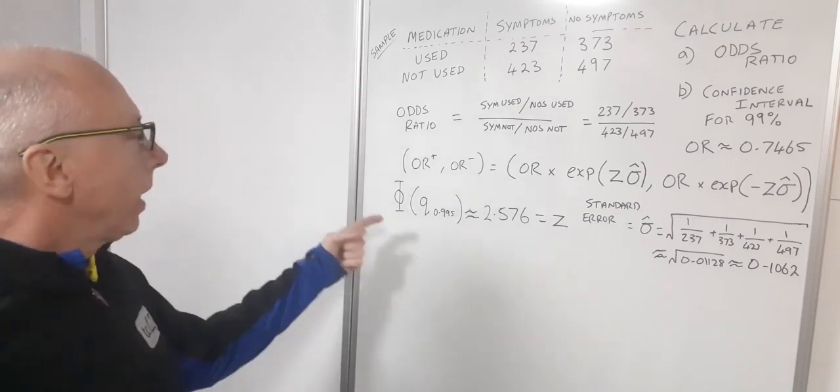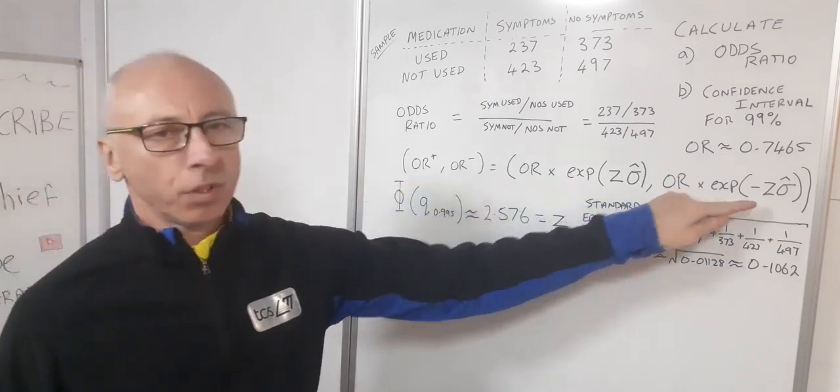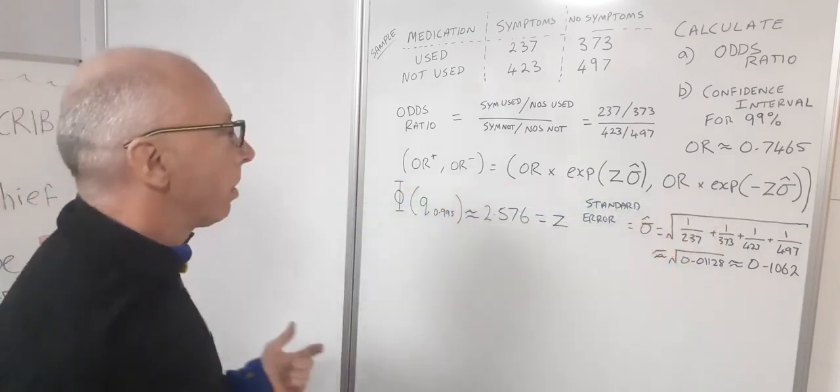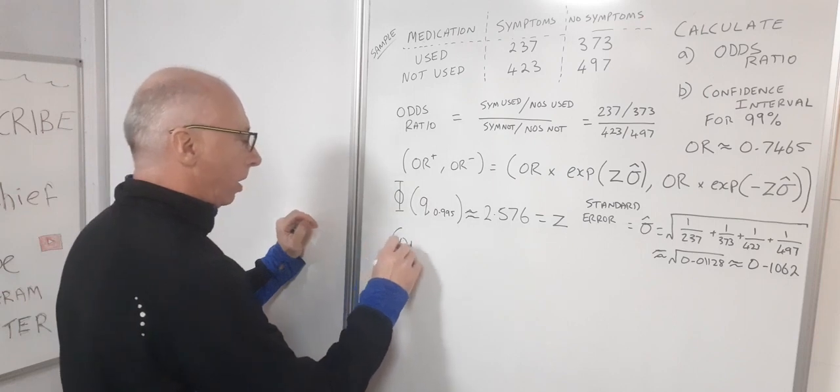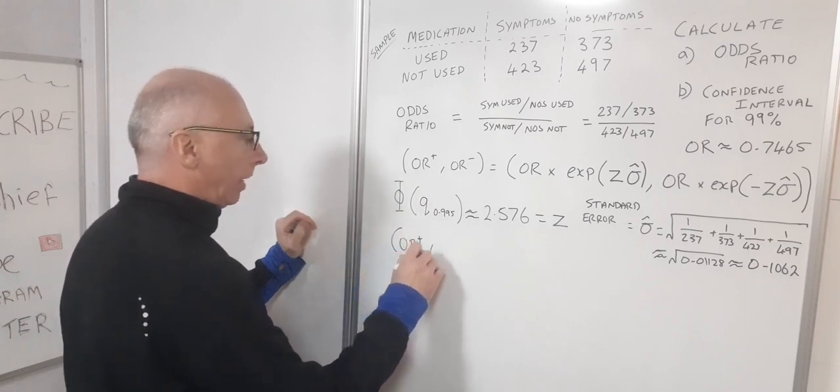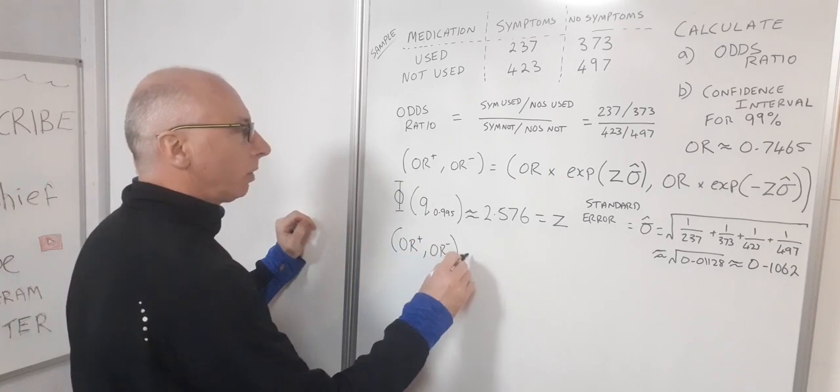Okay, so now what we need to do is go back to this function and plug in our values. It's as simple as that. So now we've got our upper bound and our lower bound of our interval.